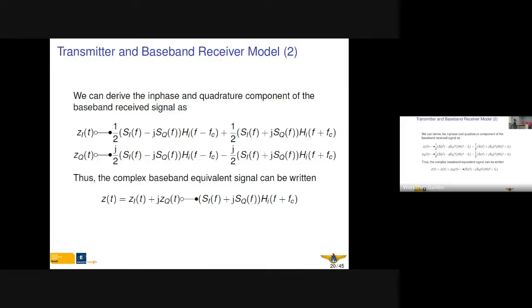The complex baseband equivalent signal is then given by the Fourier transform of Si of f plus j Sq of f. Then we multiply this with the ionosphere transfer function, but shifted to f plus fc, because the effect is happening in passband. So the transfer function is related to the passband signal.